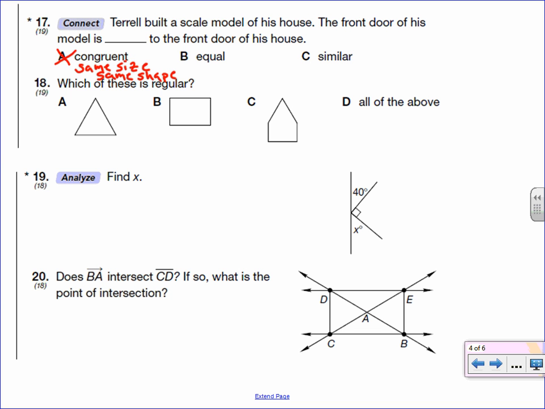Equal is not really a term that we use in terms of shapes. It's a term that we use for numbers. Similar means that they are the same shape, but one is smaller or one is bigger.